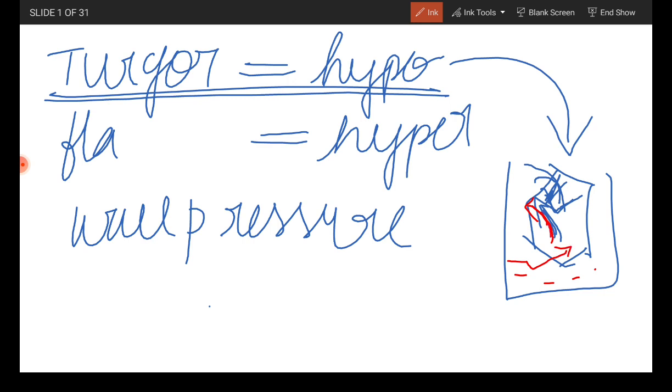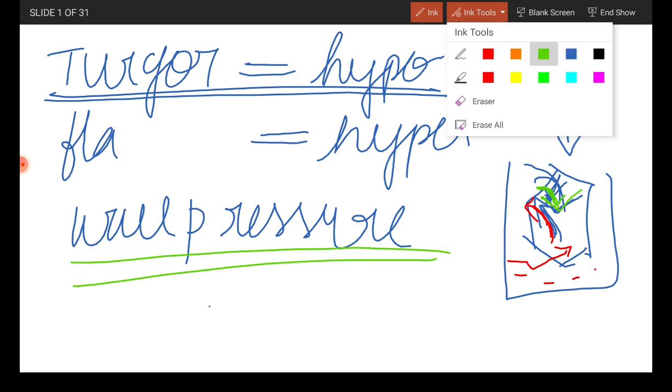In response to this pressure, the plant cell will respond by another pressure called wall pressure. Equal but opposite pressure. The pressure is inward in nature. This is called wall pressure.